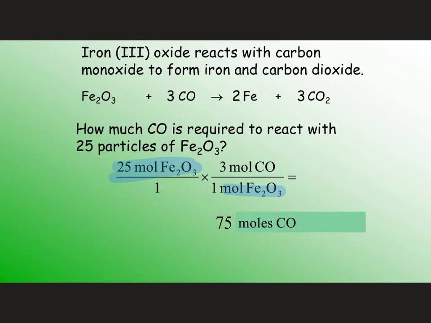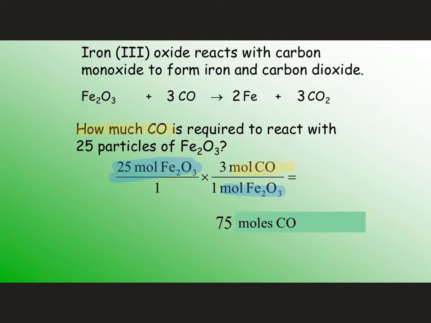What I want to convert to this time is not grams or liters, but actually how much of something else. So again, I'm using moles, but now I'm going to specify what my other thing is that I'm trying to find. The question says we're trying to find how much carbon monoxide. So I'm going to use my mole ratio to convert from moles of the iron 3 oxide to the moles of the carbon monoxide.